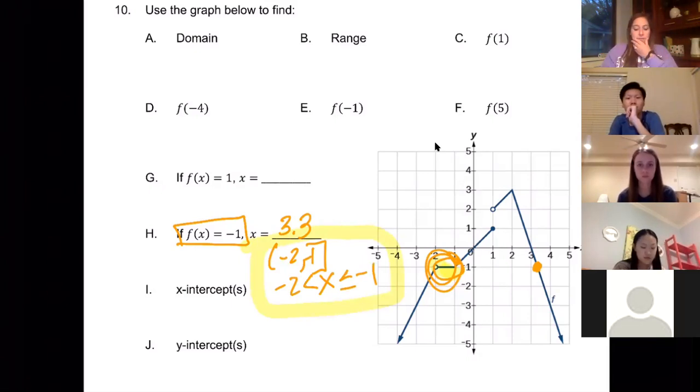Do we have to put it like that, or why can't we just do -2 and -1 separately? Did you just put -2, comma -1, like that? Yeah.